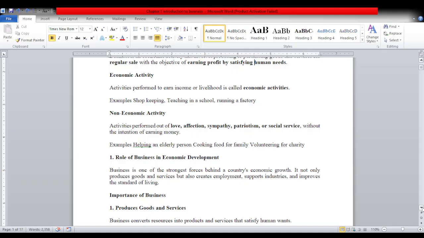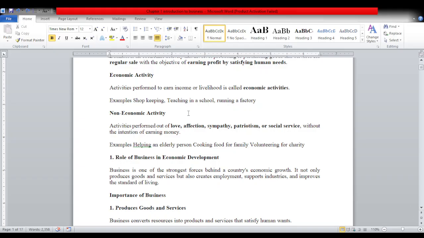So this is how non-economic activities work for the society, right? This is the difference between economic and non-economic activities. Economic activities go for money; non-economic activities do not go for money, but for love, affection, sympathy, patriotism, and social services.